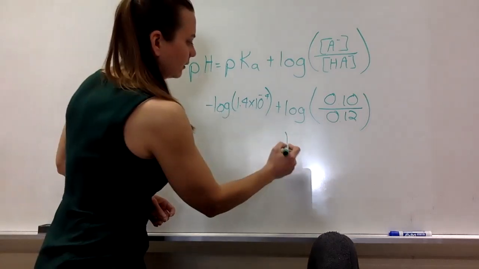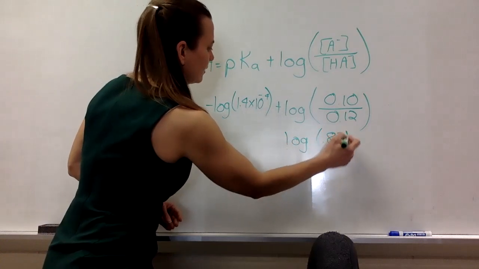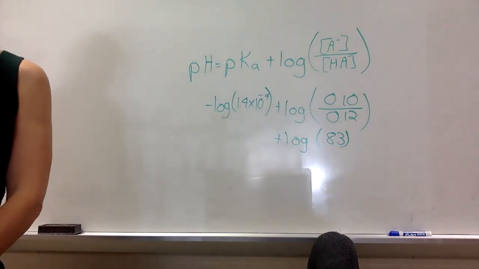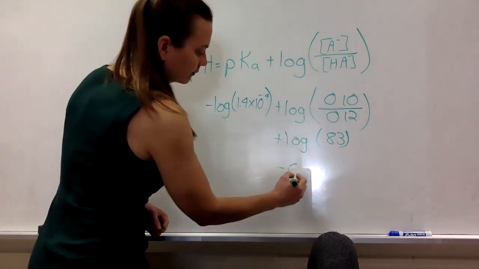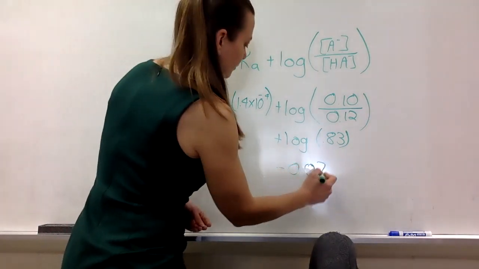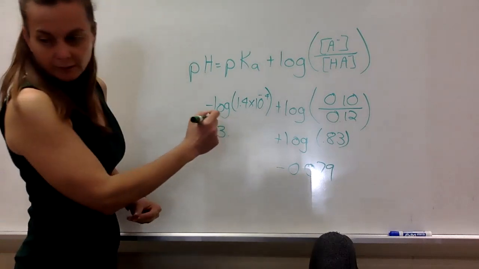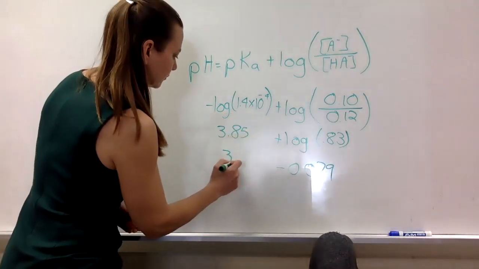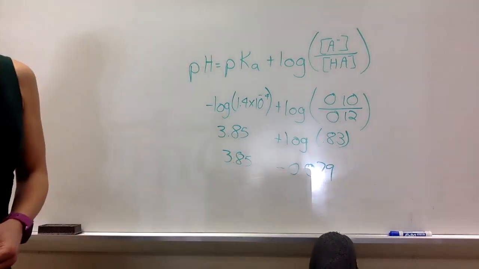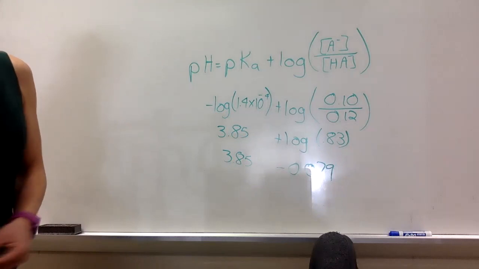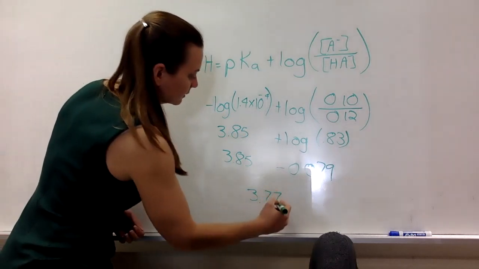So we have the log, 0.83, plus 3.85, and we get that this is equal to 3.77.